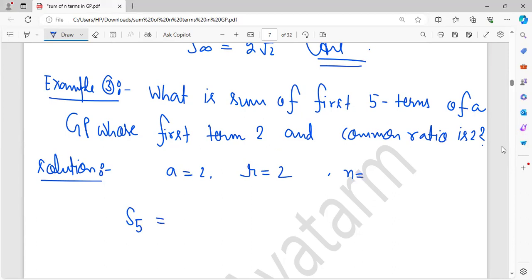N is 5. So the Sn formula is A (1 minus R to the power n) upon (1 minus R). So S5 is 2 (1 minus 2 to the power 5) upon (1 minus 2).